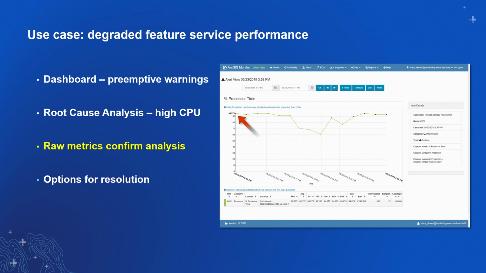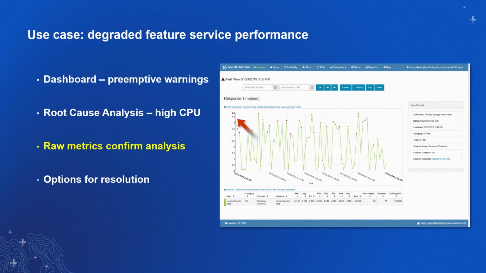But we don't need to take root cause analysis's word. We can immediately dive into the actual raw data itself and see those metrics reported right from the system. So in this case, we're looking at the CPU from the ArcGIS Server machine as reported. It is alerting, it's very high. Let's look at the response to that.